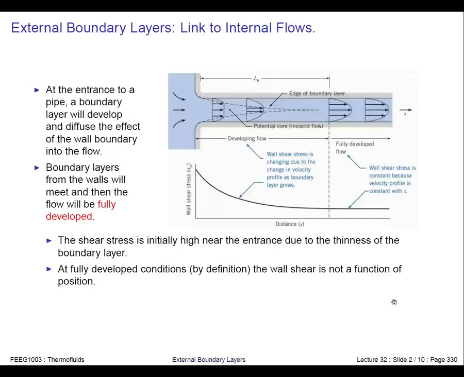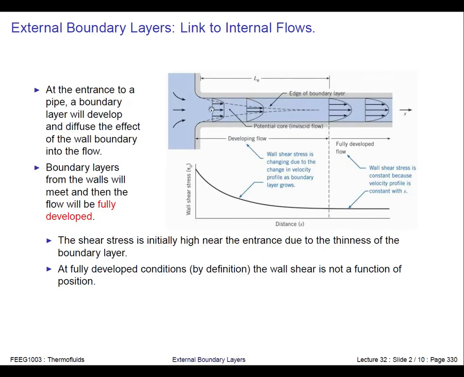Okay, so a nice way to get us to external boundary layers is to think about how an internal boundary layer forms. In the previous lecture we were looking at this region, the fully developed region, but this velocity profile has to develop.